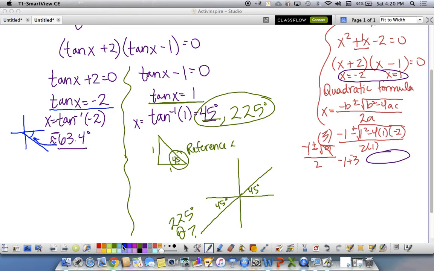But is that in my interval? No, it's not. That is a reference angle. Okay? So this right here is my reference angle. It's actually not one of my answers. Okay? I need to look at my graph and say, which quadrant is tan negative?